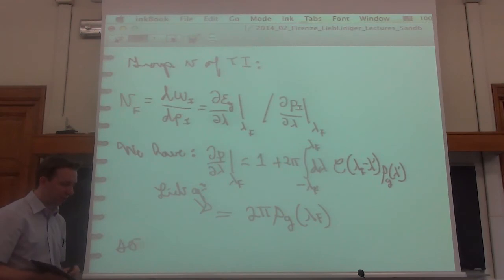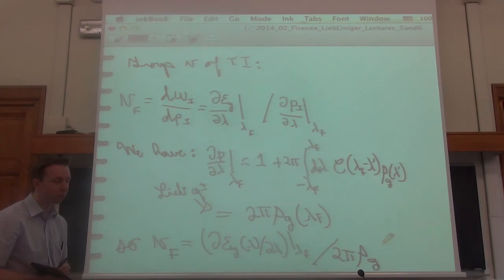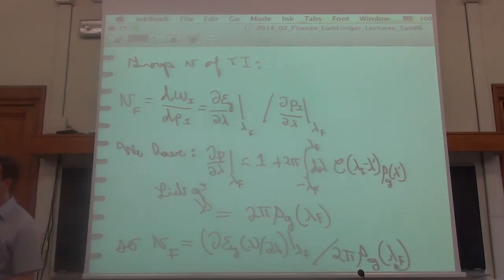So what we have is that this velocity is equal to the derivative of epsilon ground state with respect to lambda, evaluated at lambda f, divided by 2 pi times the density of roots at lambda f. So that's an explicit expression, because now we have our thermodynamic equations.